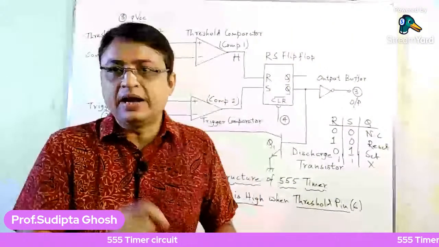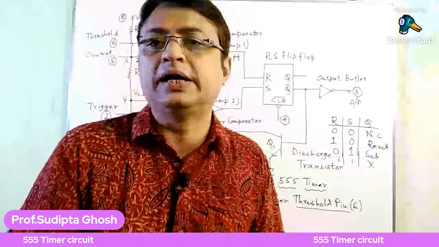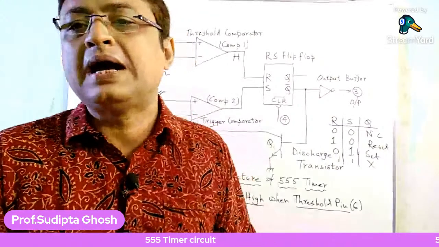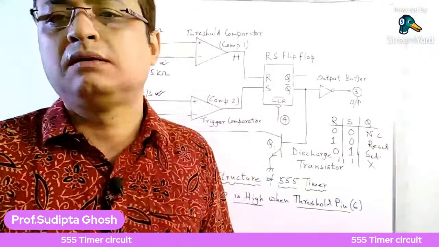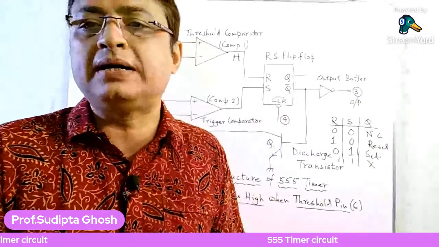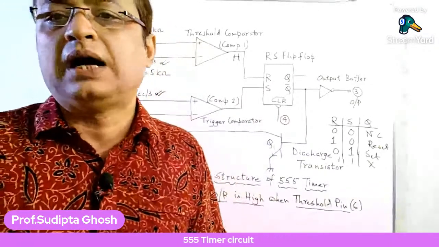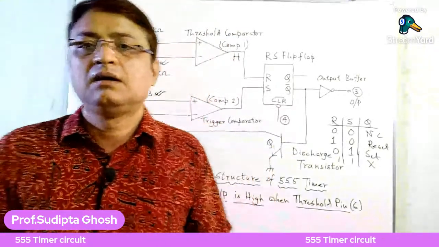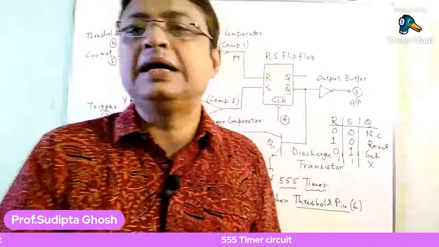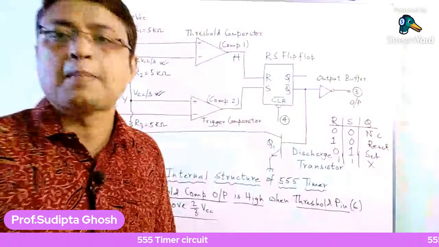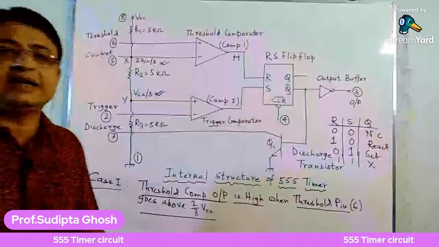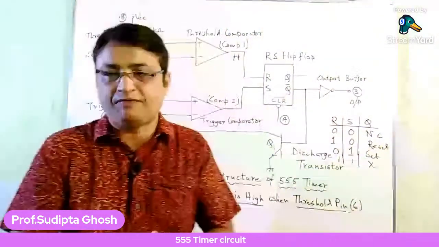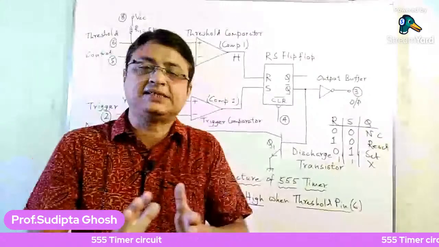Now, Pranav has asked me a question, to please clear the difference between clear bar and clear preset. I think it will be clear and preset. Pranav, is it clear and preset? So those are actually terms related to the SR flip-flop, that is the set reset flip-flop.